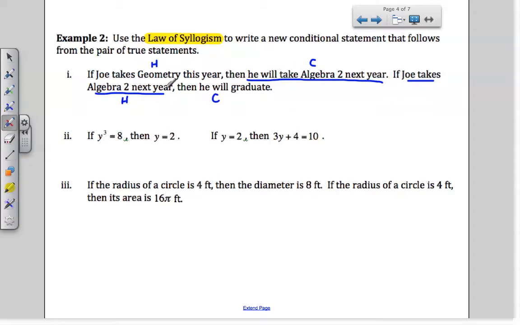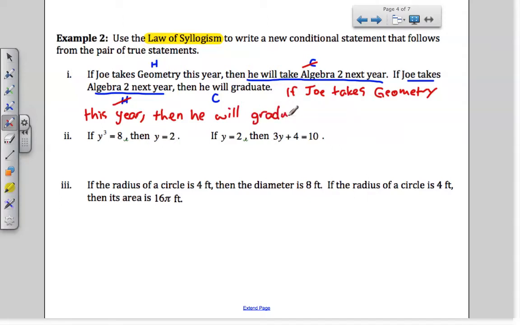So what I'm going to do here, the fact that this is repeated, I'm basically just going to totally eliminate this chain that is common to both of them. Start at the first hypothesis, end at the last conclusion. So I'm going to start with, if Joe takes geometry this year, that was the first hypothesis, and seeing that he will take Algebra 2 next year, then repeats that he takes Algebra 2, he will graduate, I can ignore that common chain and go right to the end: then he will graduate.